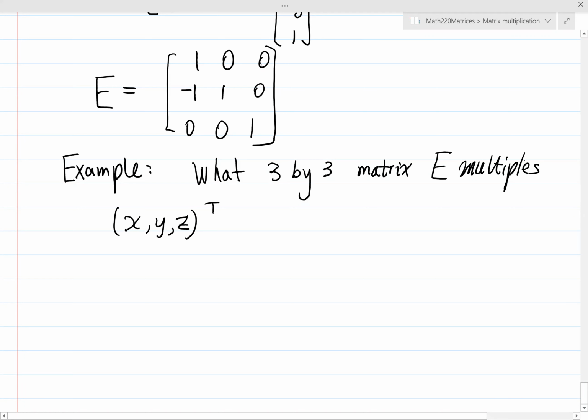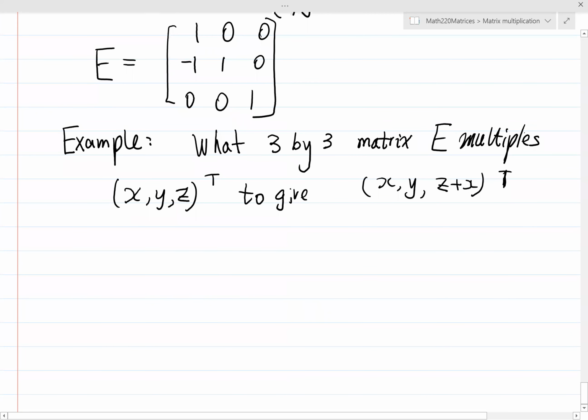I don't want to write column vectors because it takes more space, so I just write row vectors, then transpose them. We transpose rows into columns, to give (x, y, z plus x) transpose. So I should write it vertically. I use the letter T to transpose, so horizontal becomes vertical.